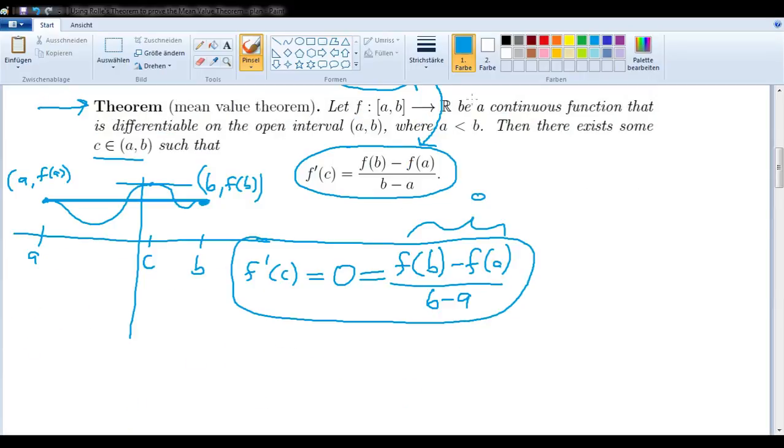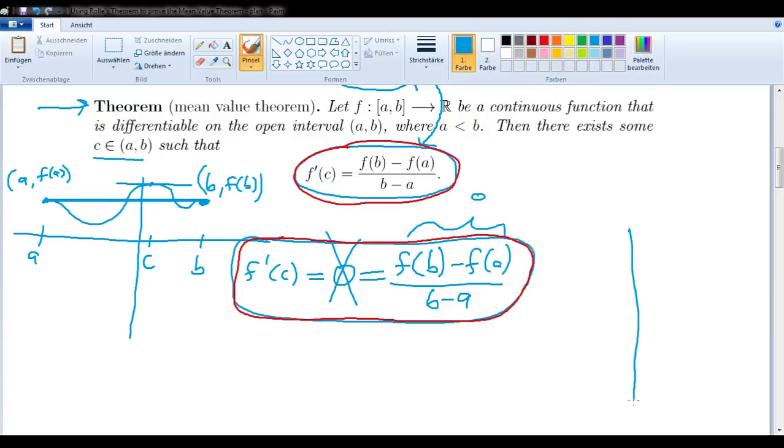And that, of course, disregarding this 0 in the middle, is exactly the same thing that the mean value theorem says. In other words, Rolle's theorem is just a special case of the mean value theorem. So let's quickly look at an example of the mean value theorem.